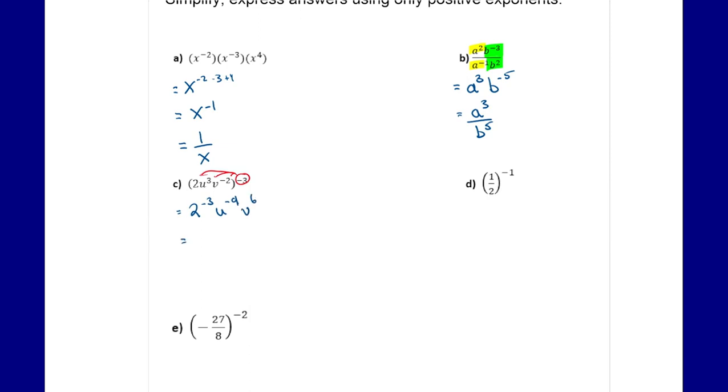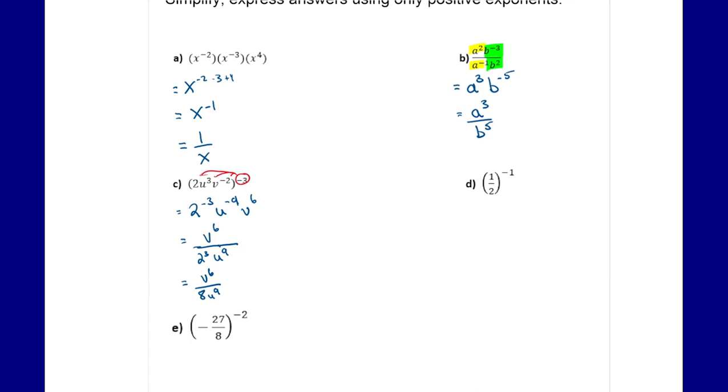I'm going to bring my negative exponents down, so the v to the power of 6 will stay up, but on the bottom we'll have 2 to the power of 3 and u to the power of 9. I can then simplify this because 2 to the power of 3 is 8. So this simplifies to v to the power of 6 divided by 8u to the power of 9.